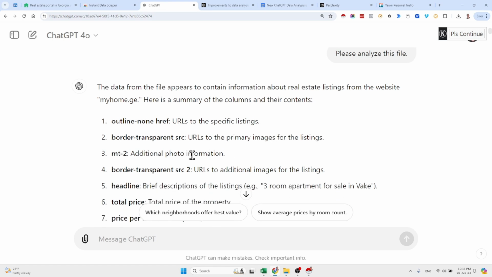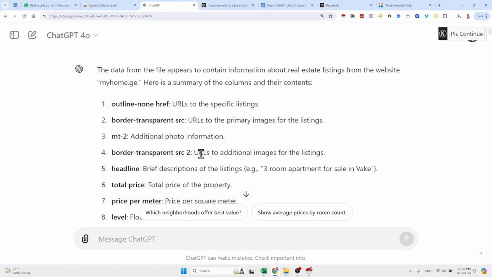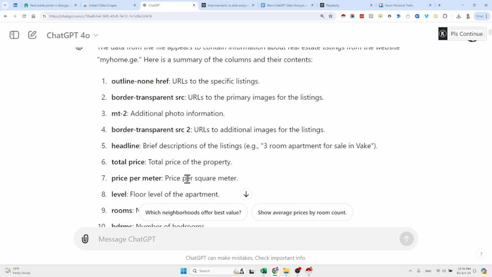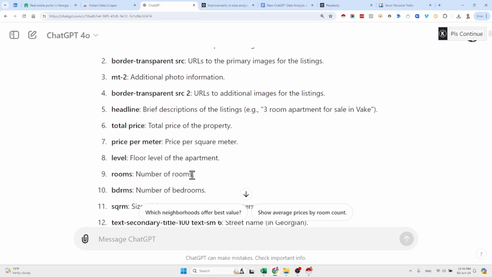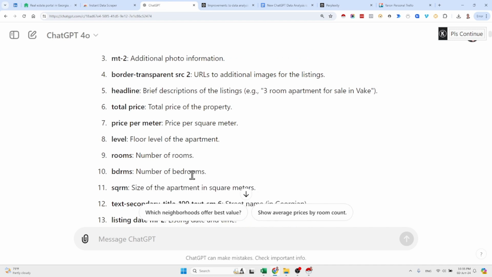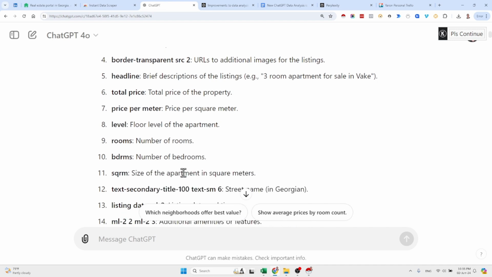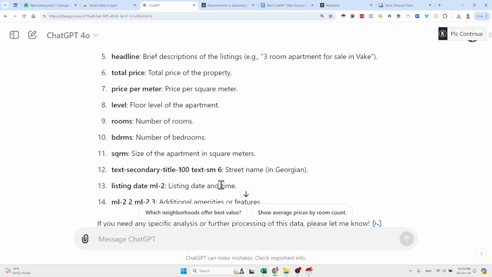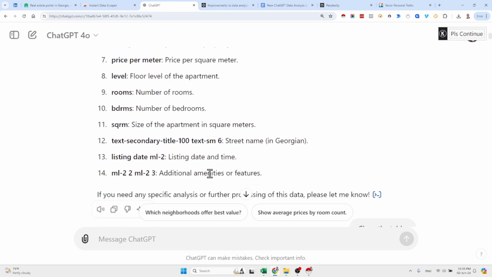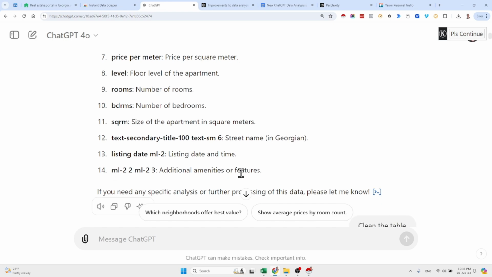Then there is additional photo information, another URL. Then there is the headline, which is a brief description of the listing. Next, we have the total price of the property. Afterwards, we have the price per square meter. Then we have the floor level of the apartment, number of rooms, number of bedrooms, size of the apartment in square meters, street name, listing date and time, and additional amenities or features.